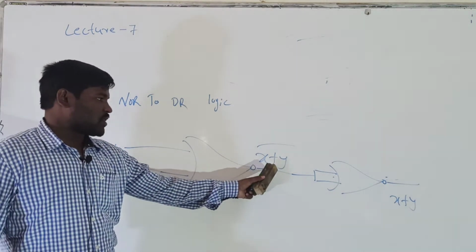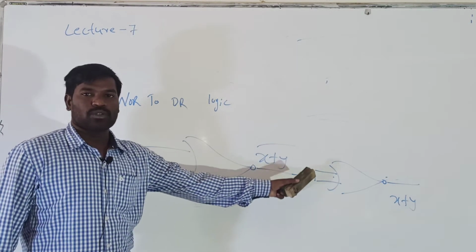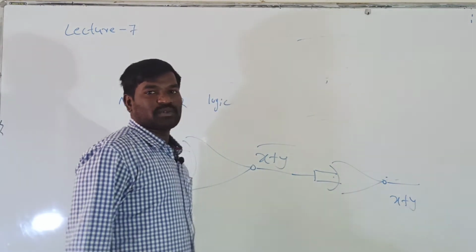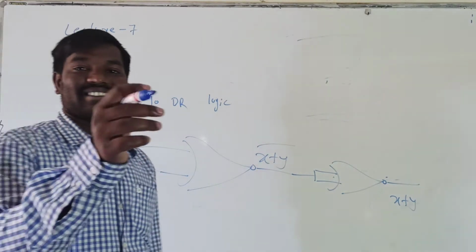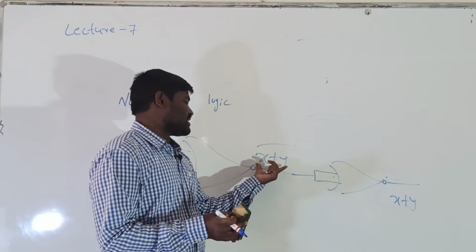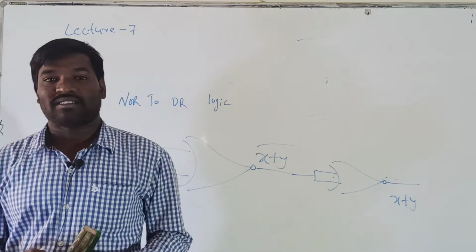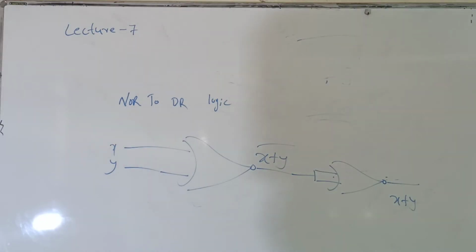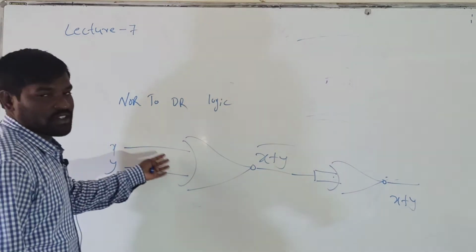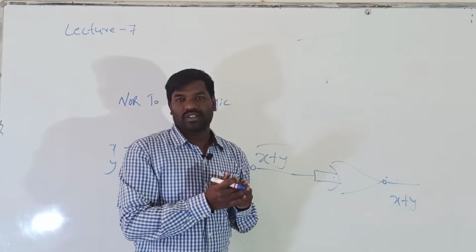Here the complement of x plus y is applied to the inverter, it becomes x plus y. If I pass x bar, the result is x. In the same way, if I pass x plus y bar as an input, the result is x plus y. Okay, so in the same way you can write the logic.